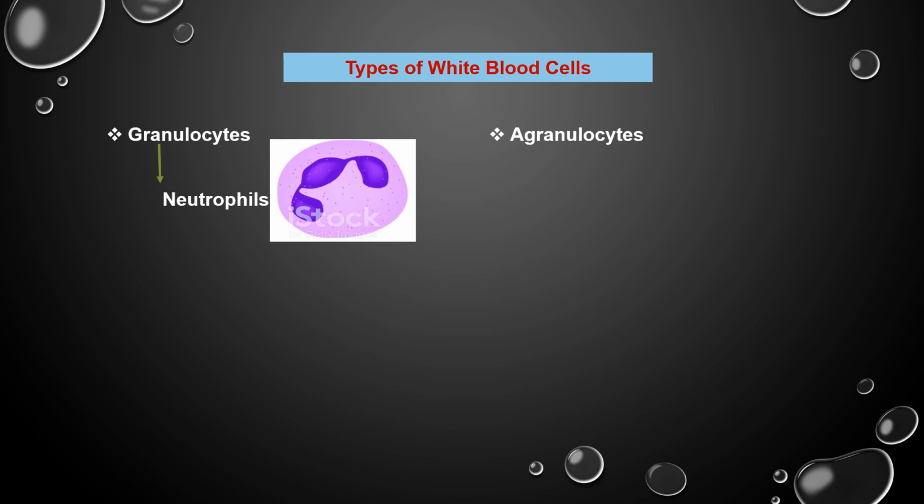First one is neutrophil. They are large in size. They have a 2 to 7 lobed nucleus. These corpuscles form 60% to 65% of total leukocytes, leukocytes meaning white blood cells. Their nucleus number increases during infection and inflammation.